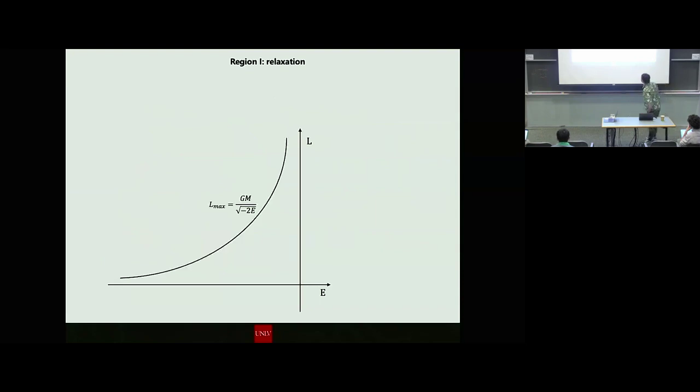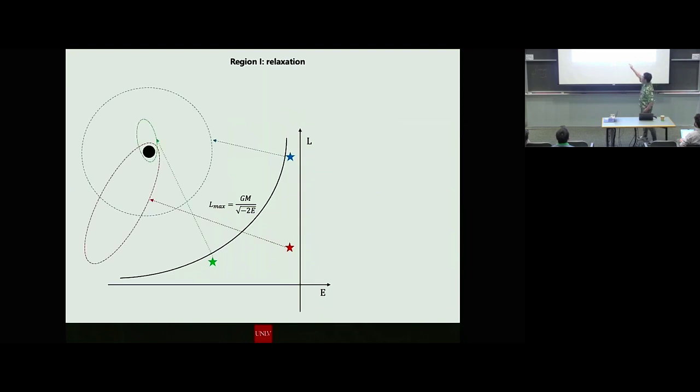If we plot the orbits in the energy and angular momentum parameter space, we will find that there is an upper limit of the angular momentum for a given orbital energy. This corresponds to the circular orbit for that energy. If we check some states in this parameter space, like the blue dot, low energy and high angular momentum, this corresponds to a weakly bound, nearly circular orbit.